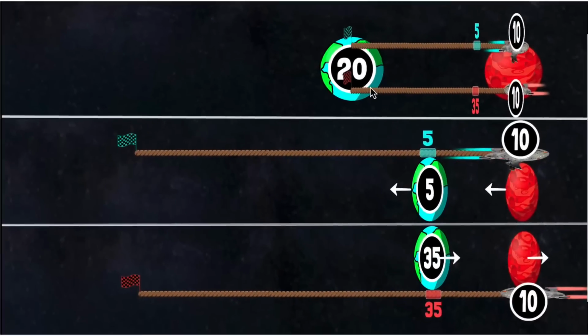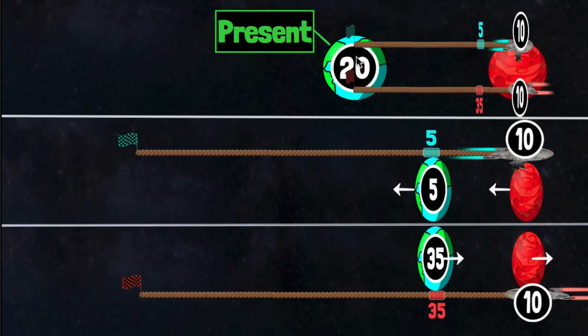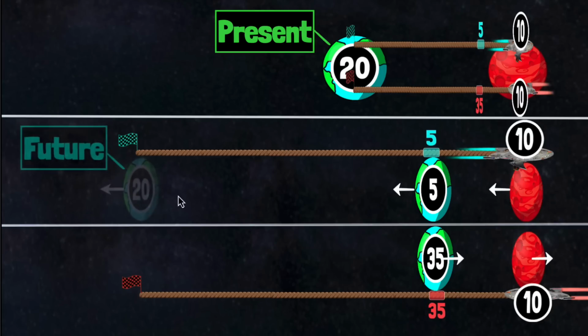If you look at things from the Earth's perspective, when the spaceships have reached the distant planet, at the same time, the flags have reached the Earth. So this is the present. But from this spaceship's perspective, it has reached the distant planet, but the Earth is yet to reach the flag. That's why it reads only 5. This event is in its future.